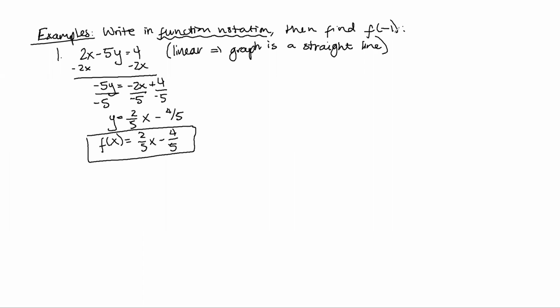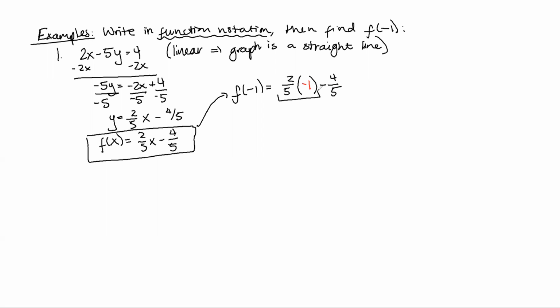Now they want us to find f of -1. So f of -1 is, well, we're going to take our function and plug in the -1 for x. So we're going to have 2/5 times -1 and then minus 4/5.